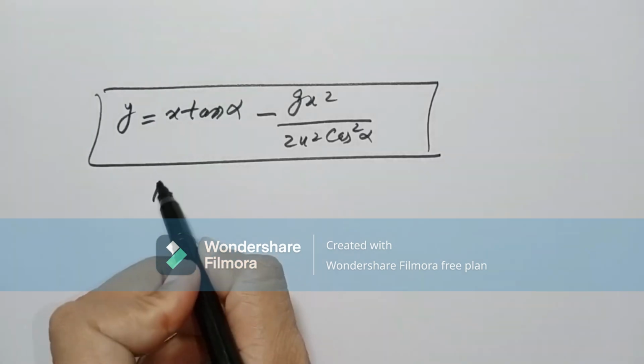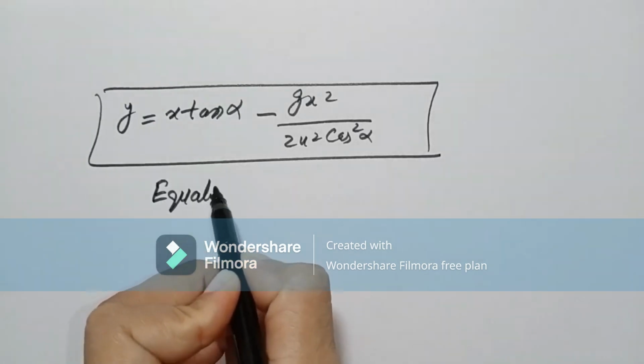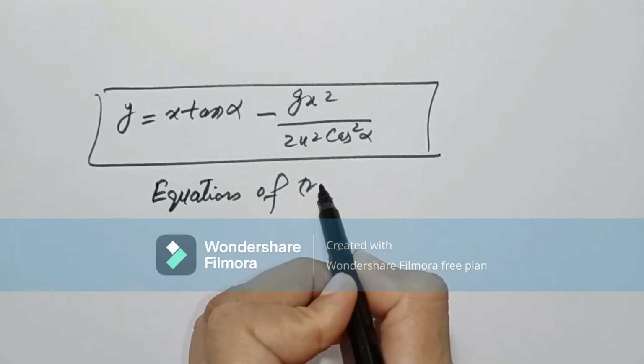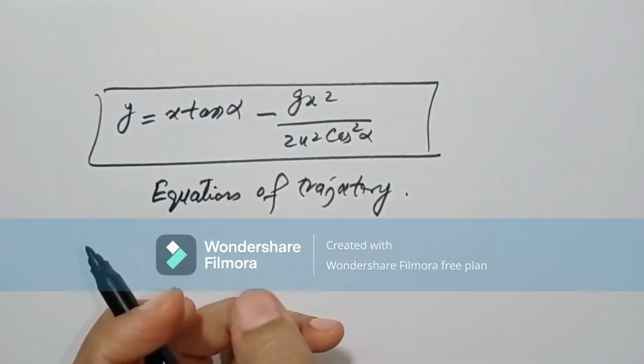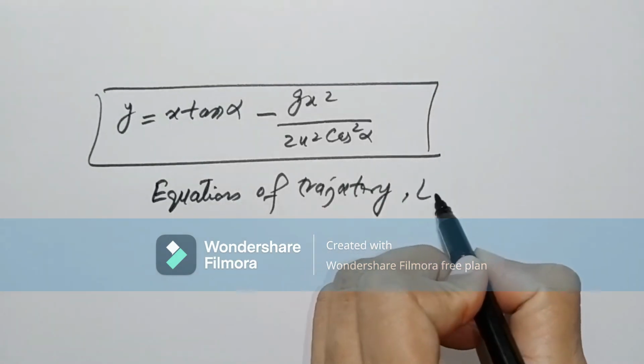So this is the equation of the trajectory of a particle, calculated through the Lagrange equation of motion.